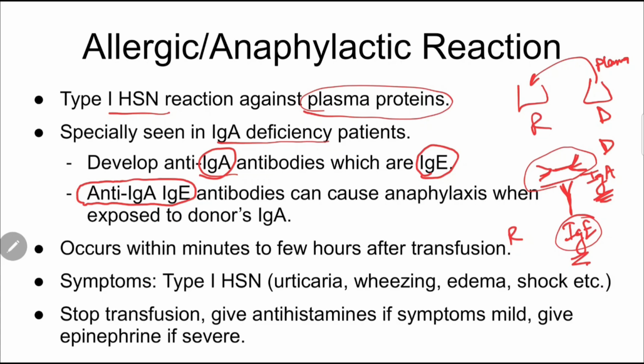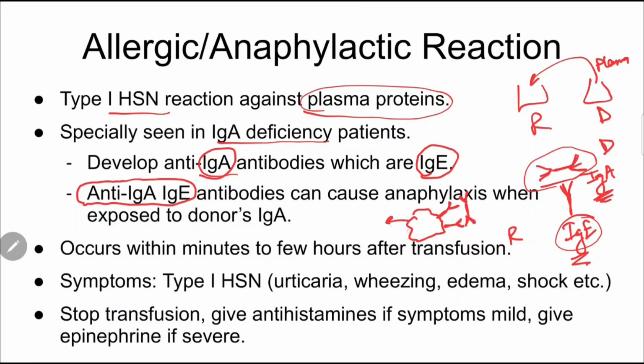Now what happens? When the donor has IgA in its blood, the recipient's anti-IgA IgE antibodies react, and the whole mechanism of type 1 hypersensitivity takes place. Those IgE antibodies attach themselves to the mast cells, and upon re-exposure, they cross-link.